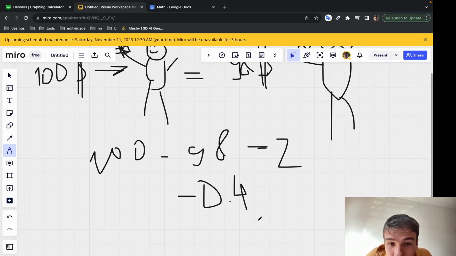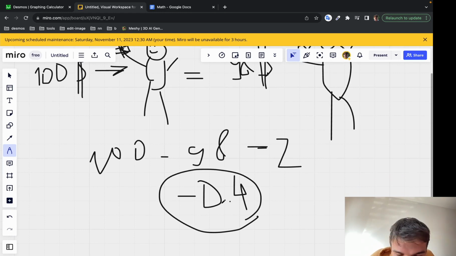So now our friend shall give us 0.4, minus 0.4, which is actually not that correct, because he shall return us 2, not 0.4.